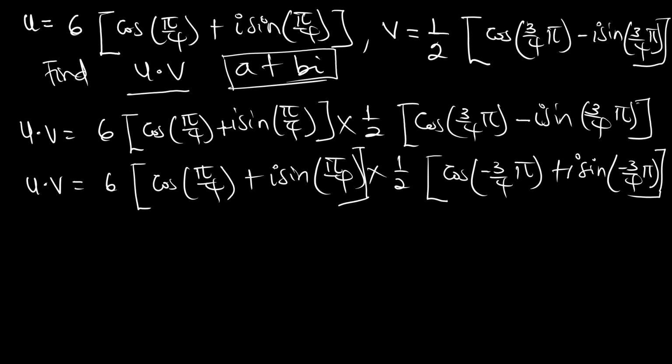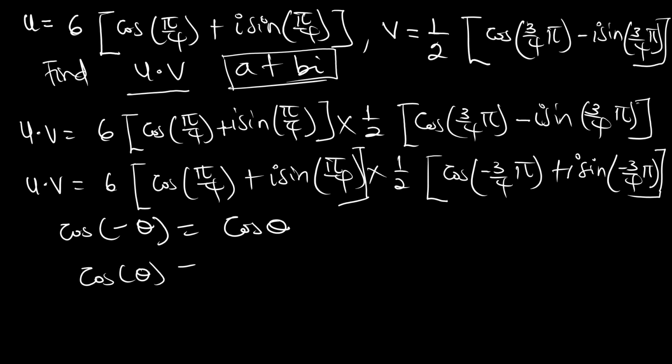If you remember, cos is an even function. So cos negative theta is the same as cos theta, right? The same way, if I have cos theta, I can write it as cos negative theta.